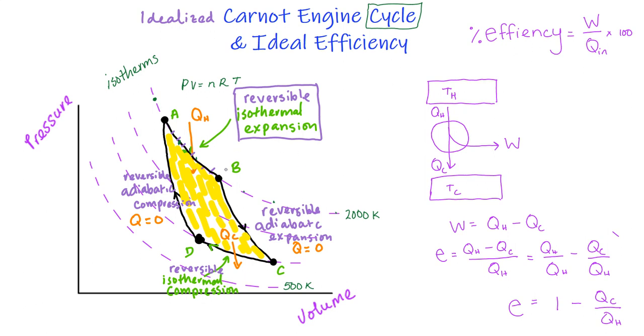Now what I want you to think about is, what could I do to this cycle, keeping it the exact same kinds of process, but change it in such a way that I get more work output with less heat input? Pause the video and try to figure out what I could do here.